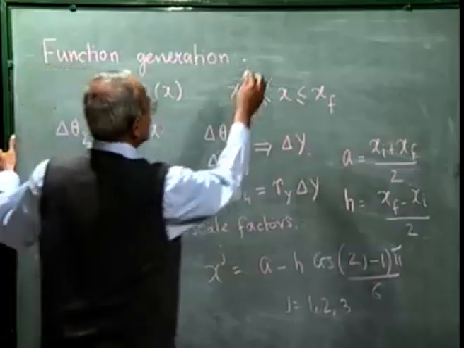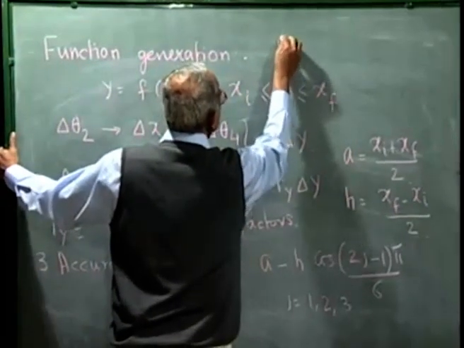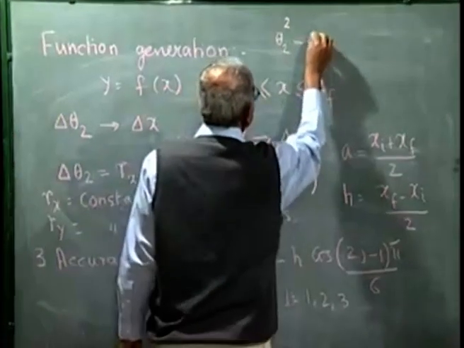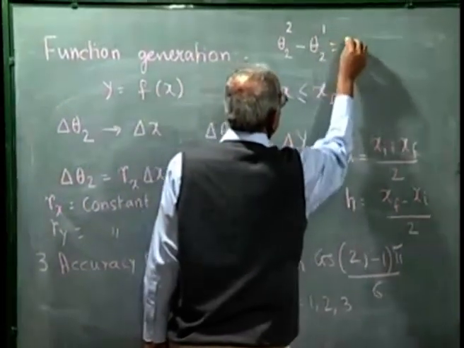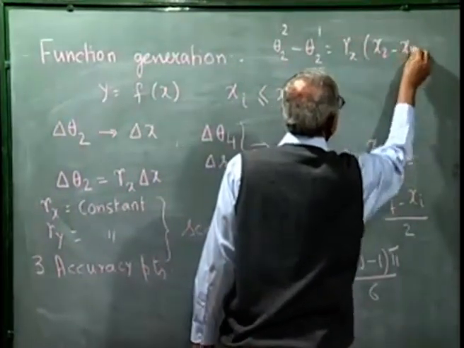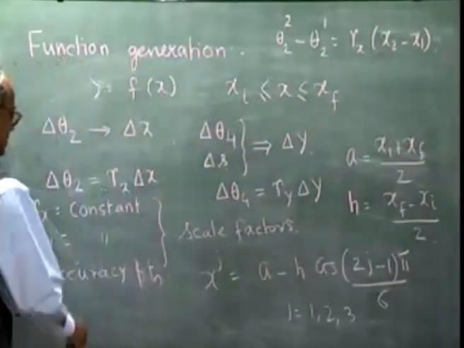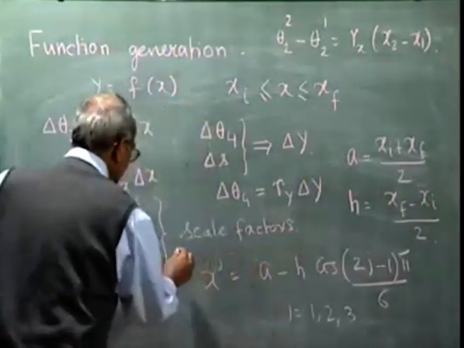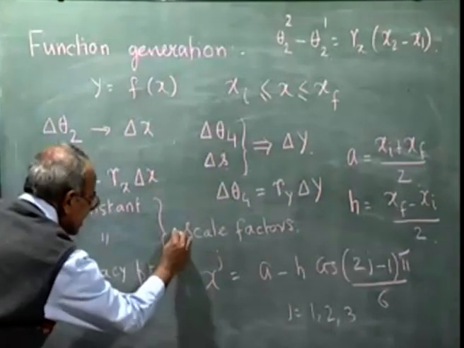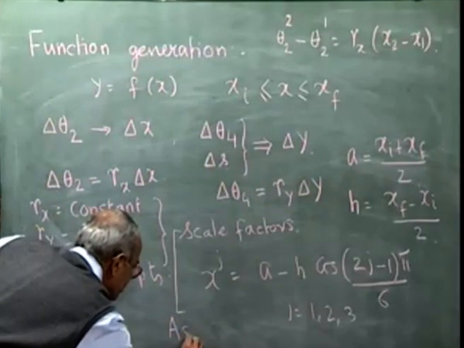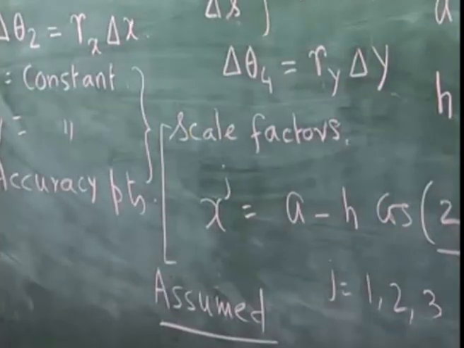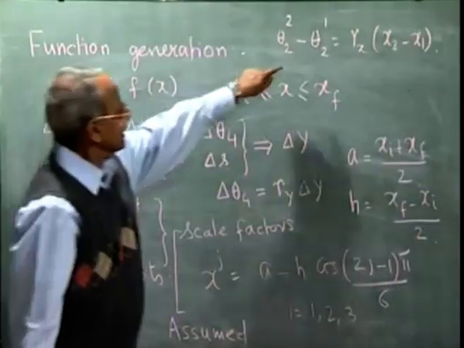How do I get that? That means we assume theta 2 1, and theta 2 2 minus theta 2 1 will be Rx into x2 minus x1. So the scale factors are again assumed. These Rx and Ry constants, the scale factors, are assumed. Once the scale factors are assumed, theta 2 1 is assumed.